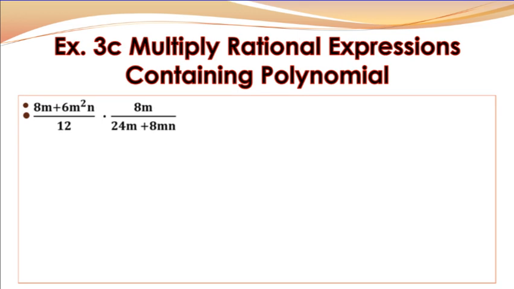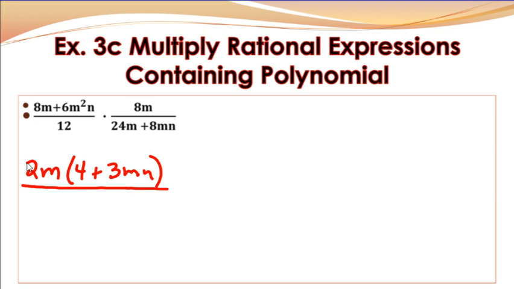Next one, factor out the numerator. I can take out a 2 and take out an m. That leaves me with 4 plus 3mn. In the denominator, I know I can take out... I'll just leave this.